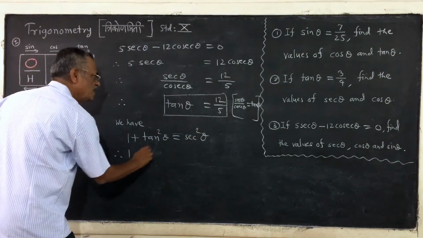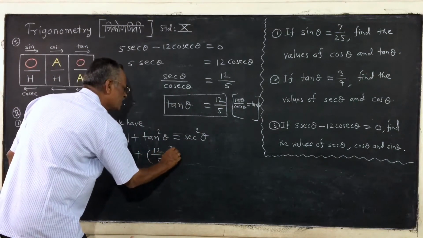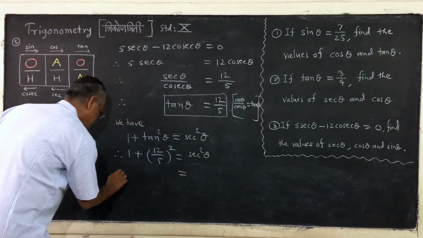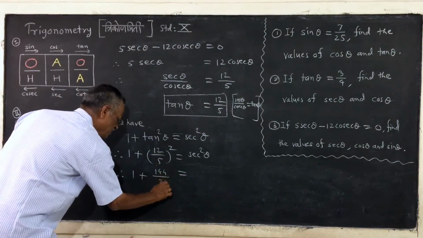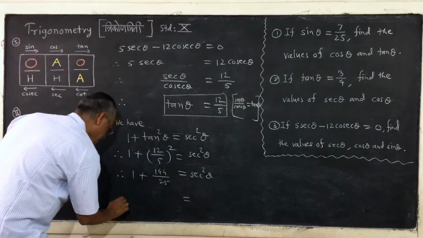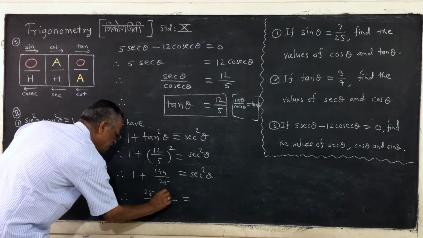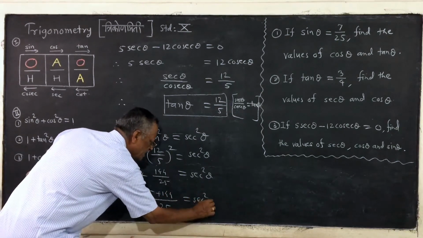Substitute the value. 1 plus (12 upon 5) square is equal to sec square theta. Square the bracket. 144 upon 25. So 25 plus 144 upon 25 is sec square theta.